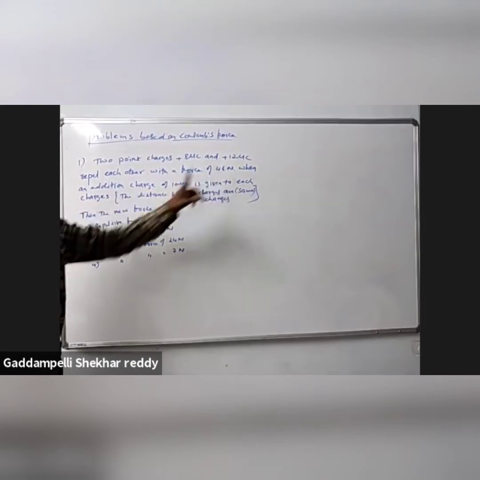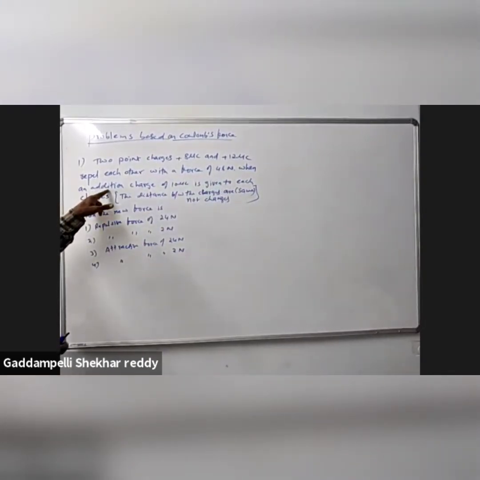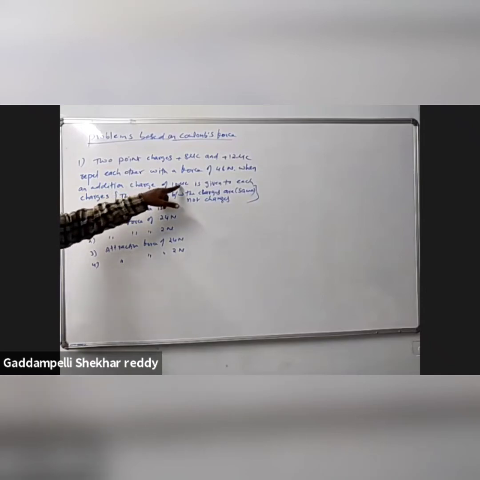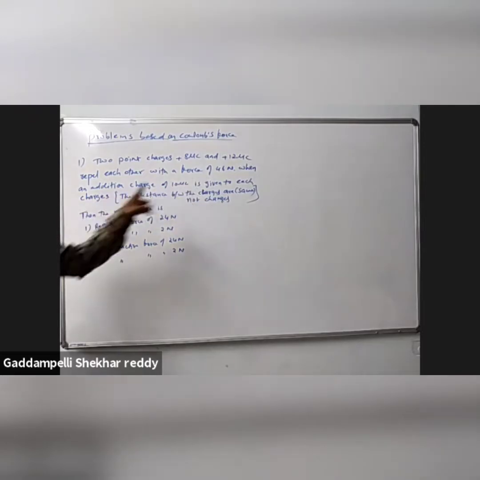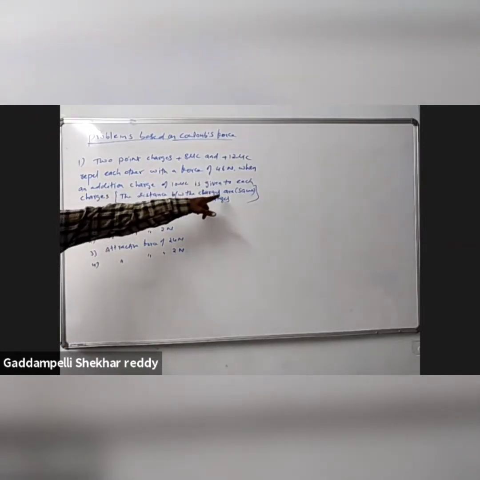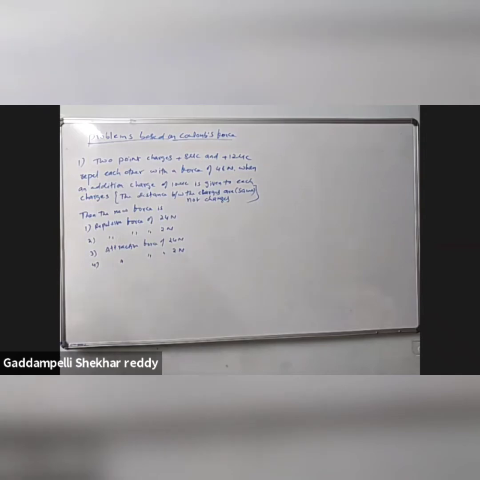When an additional charge of 10 microcoulomb is given to each charge, the distance between the charges remaining the same, the new force is? Answers: repulsive force of 24 Newton; second, attractive force of 3 Newton; third, attractive force of 24 Newton; fourth, attractive force of 2 Newton.